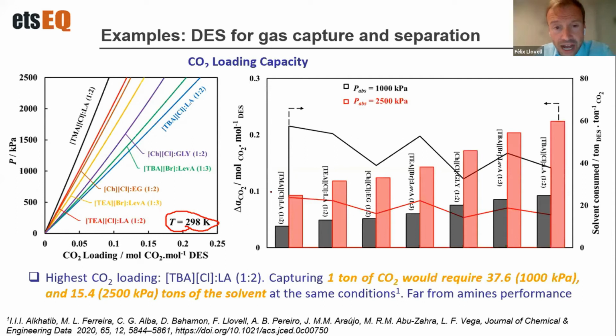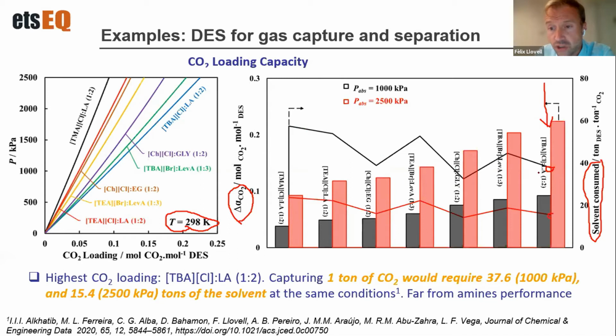If we do a comparison between all deep eutectic solvents in terms of CO2 loading and in terms of solvent consumed, we can see that the CO2 loading is increasing here for the TBA-Cl, as expected, as mentioned here. This is the highest CO2 loading, and these lines indicate the amount of solvent consumed.